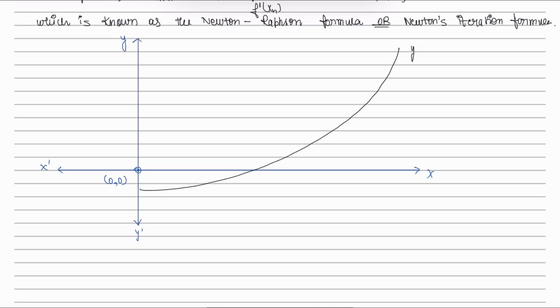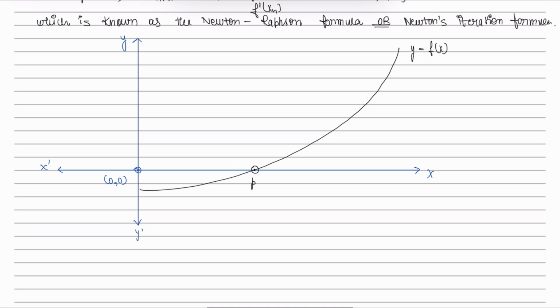Now, let us see its geometrical interpretation. Let this be the graph of y is equals to f of x, and it cuts the x-axis at the point P, let us say.